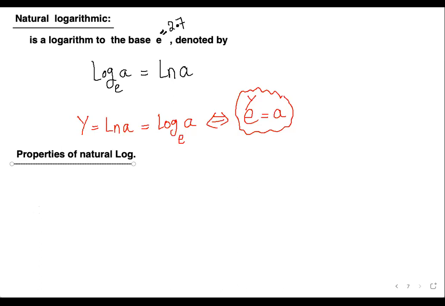So the first property, number one: ln of 1 always equals what? 0. Why? Because ln of 1 is the same as log of 1 to the base e. And like before, I said log of 1 to any base always equals 0, by using the property before for logarithm.